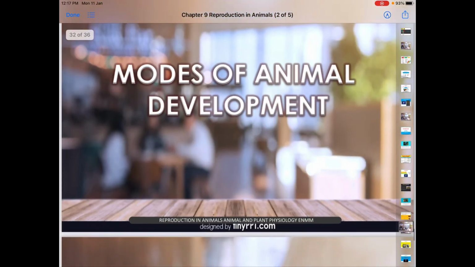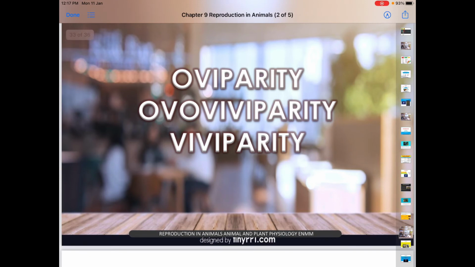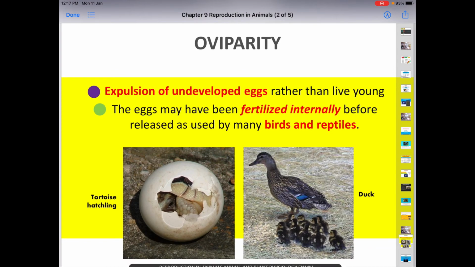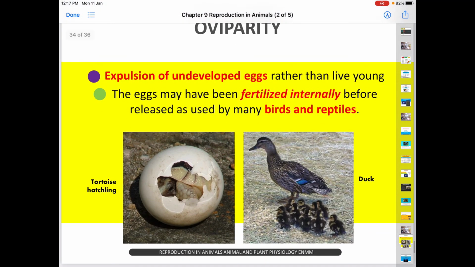Okay, now we go into modes of animal development. We have 3 modes: oviparity, ovoviviparity, and viviparity. What is oviparity? Normally this mode of reproduction is used among reptiles and birds. This happens when the undeveloped eggs, remember, undeveloped eggs, meaning the offspring inside the egg is not developed well, are already expelled by the mother.